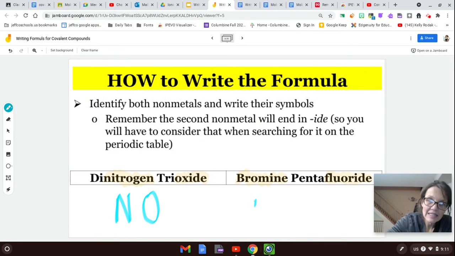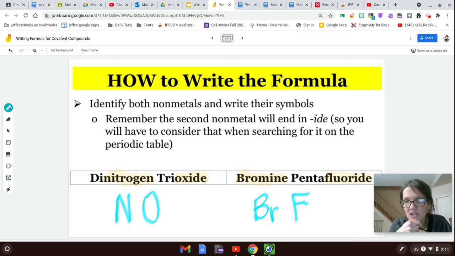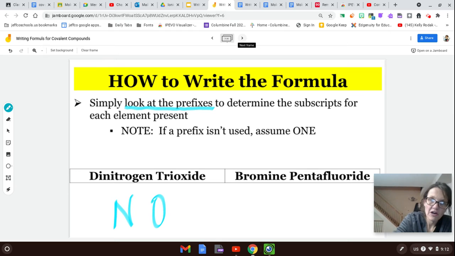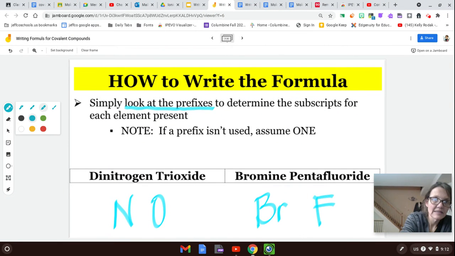So bromine is Br, and then fluoride is the same as fluorine, F. Okay, so again, we identify the two nonmetals that are present. Then last, all you have to do is look at the prefixes. So we have dinitrogen trioxide, so we'll bring our N and our O and our Br and our F from the other side. And now let's check out those prefixes.